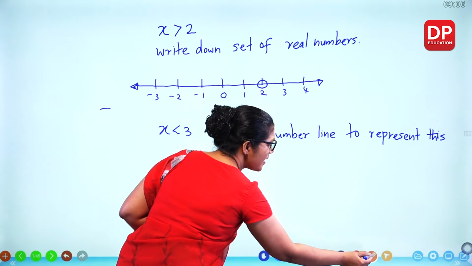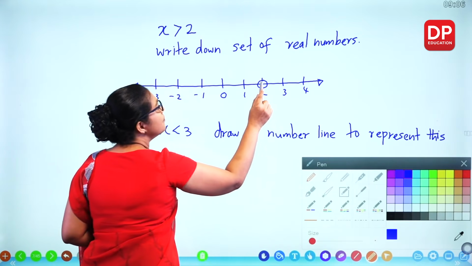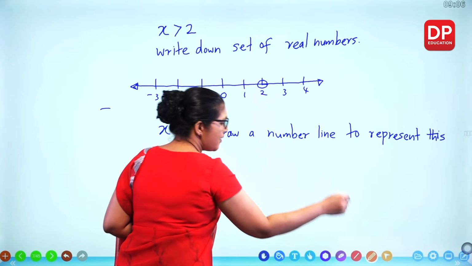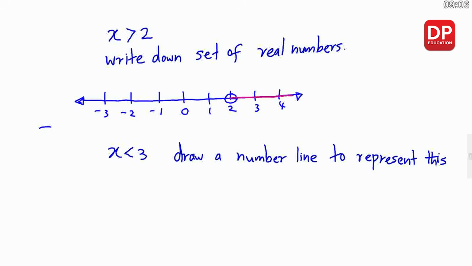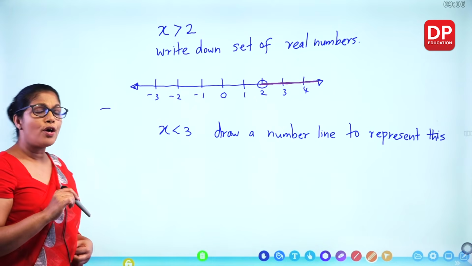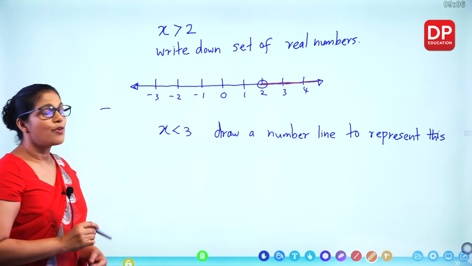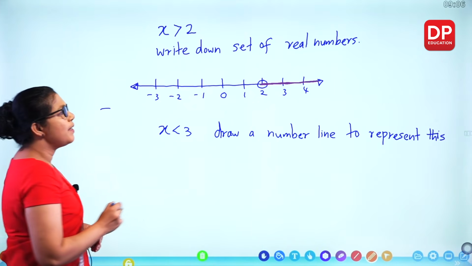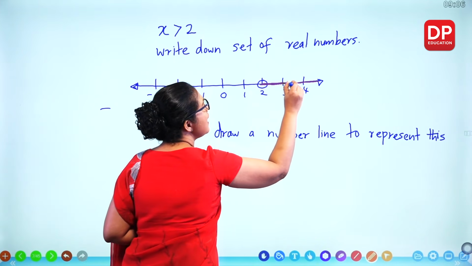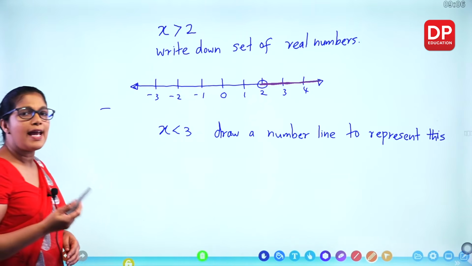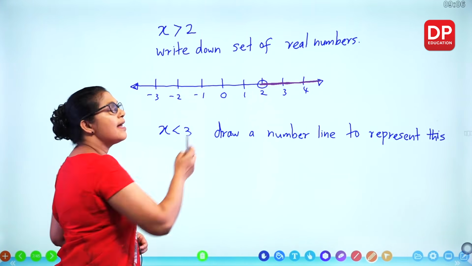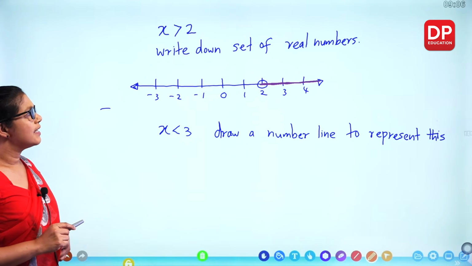We can write all these numbers to the right side. So if you want to draw this on a number line, we can draw a full line like this. So it can be 2.2, 2.3, any value, but 2 is not included.